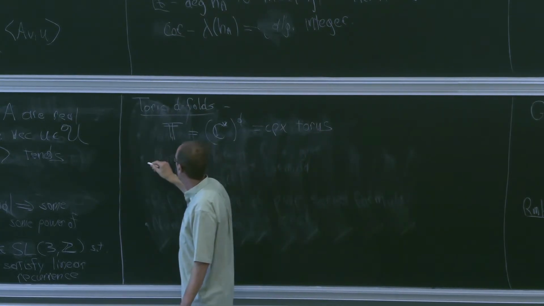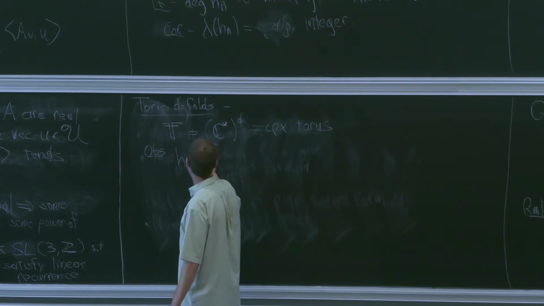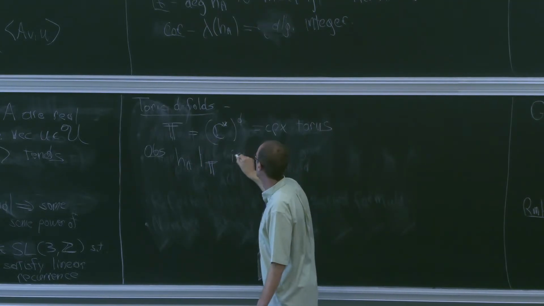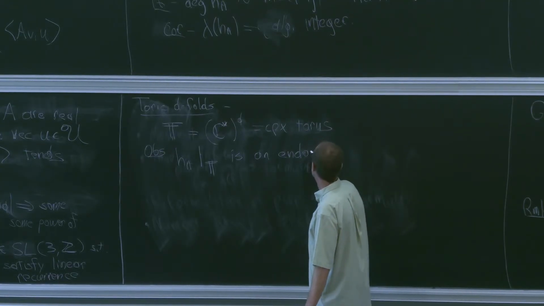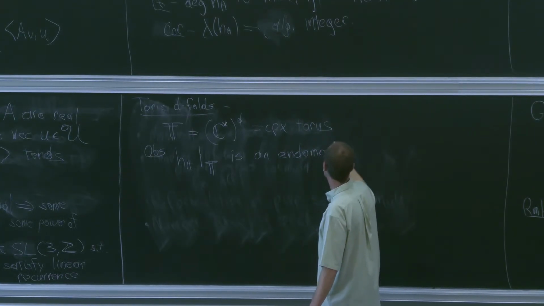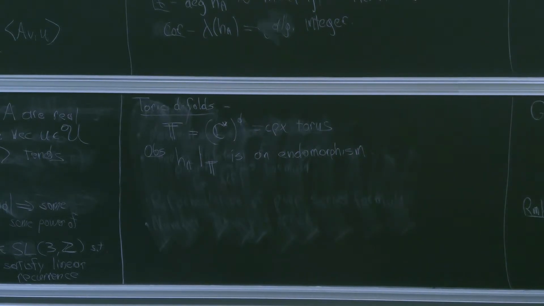Okay, not hard to check that H_A restricted to the torus is really nice. It's an endomorphism. It's a covering map, unbranched. Okay.